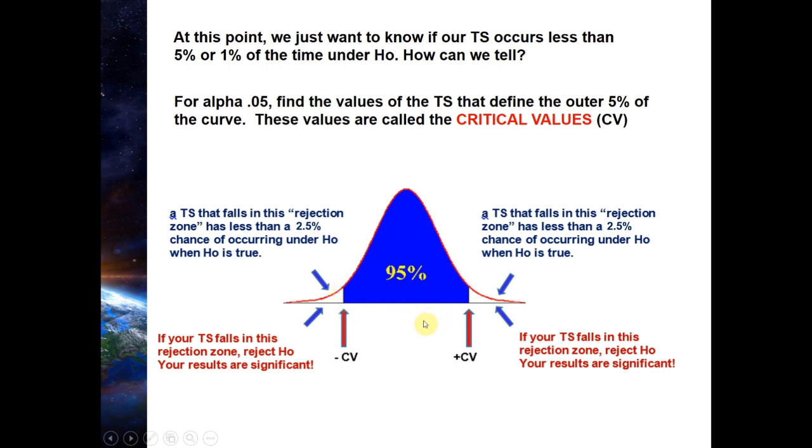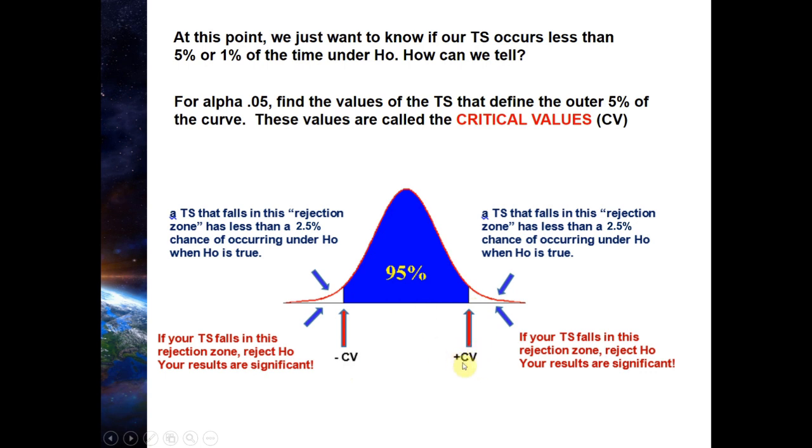All right. So critical values are special values of the TS. It's not the one that you calculate. It's a special value of the TS that becomes your critical value. And it's like a cutoff score.